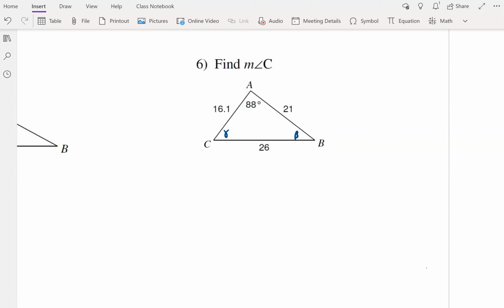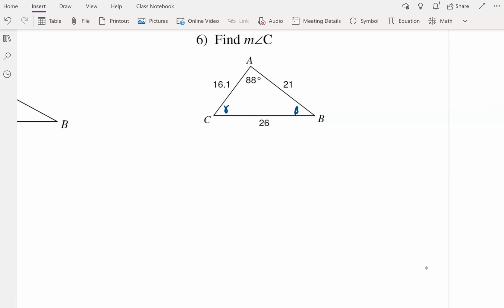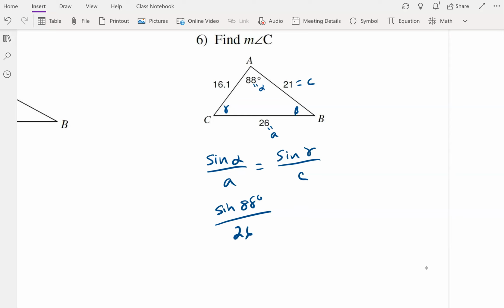All right, so if I want to find the gamma first, well, this is my C. This is the only angle that I'm given. This is the alpha, and this is my A. So we'll use sine of alpha over A is equal to sine of gamma over C. I know my alpha is 88 degrees. I know my A is 26. I don't know my gamma.